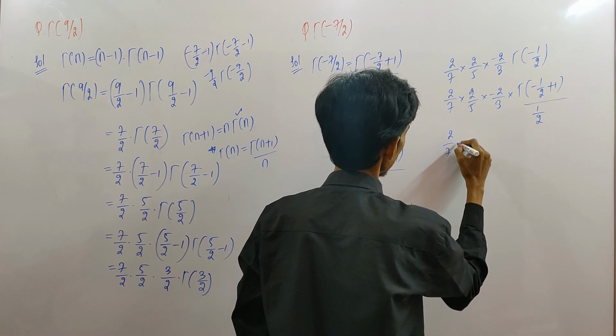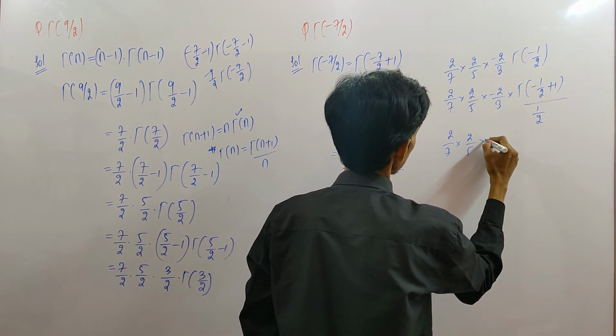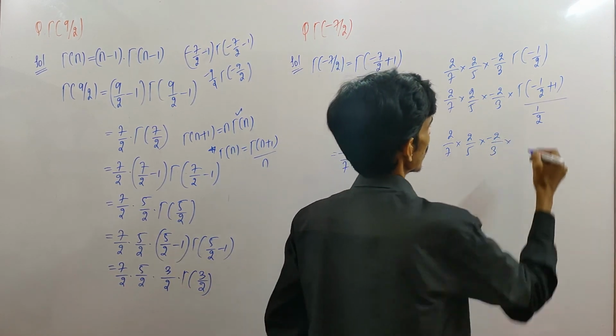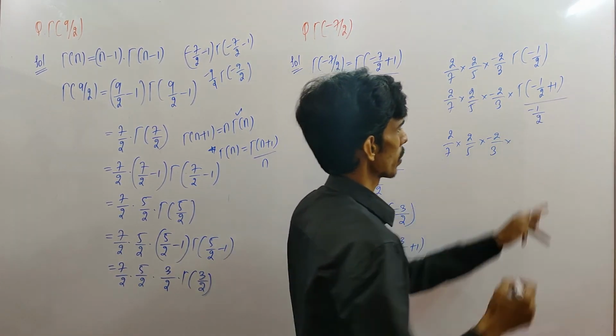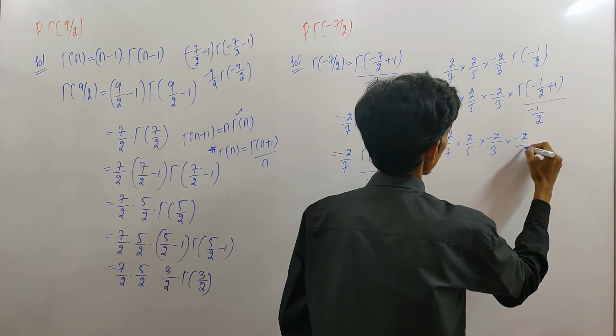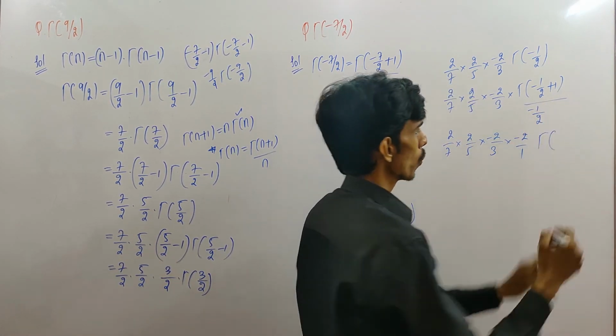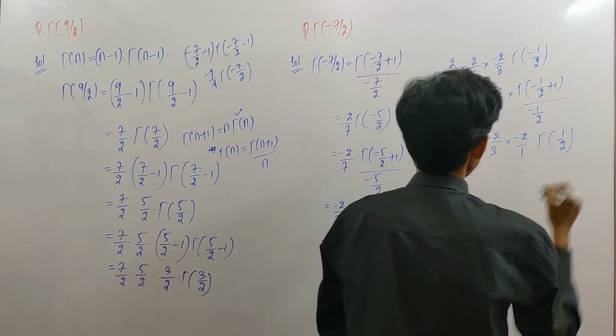So we have 2 by 7 into 2 by 5 into minus 2 by 3, this minus 1 by 2. We have minus 1 by 2. This will become minus 2 by 1 into gamma of 1 minus 1 by 2, we have 1 by 2 only.